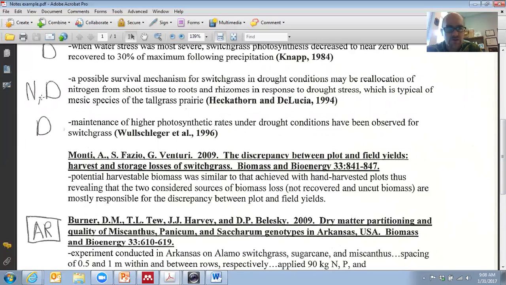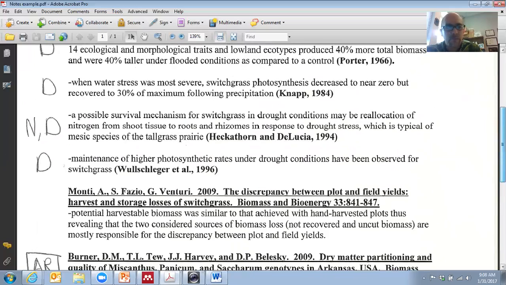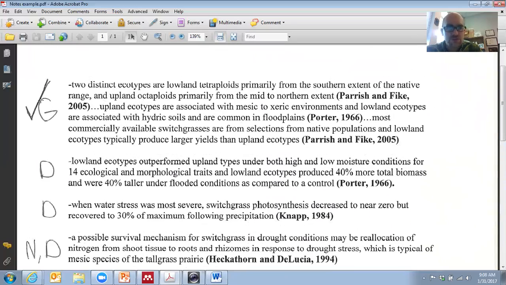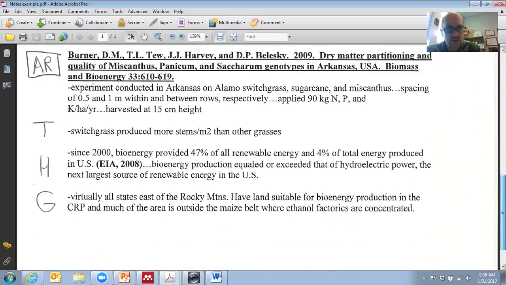So this one talked about drought and nitrogen. G was general, so general information related to, in this case, switchgrass. And then H was historical information. I don't remember exactly what T related to, but essentially you can come up with your own annotations, and these relate to categories.